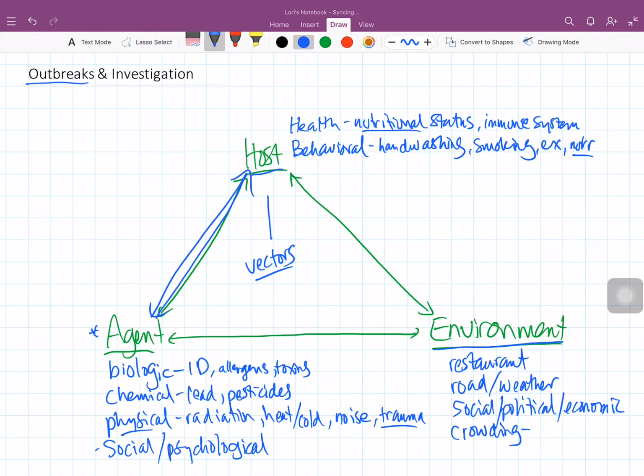And the reason that I like to draw it separately is that vectors are important because of their relationship with the agent.